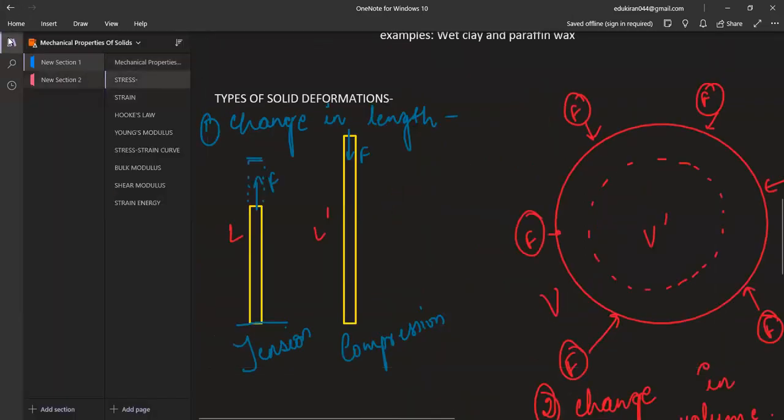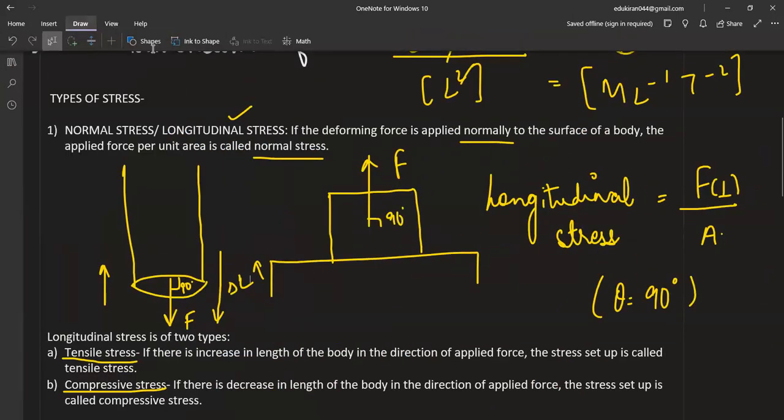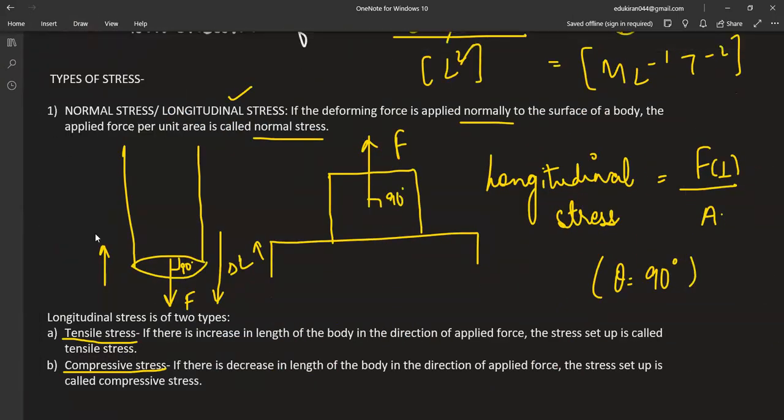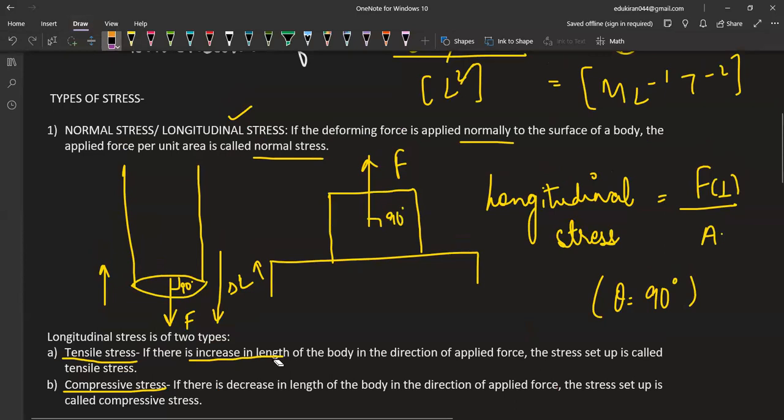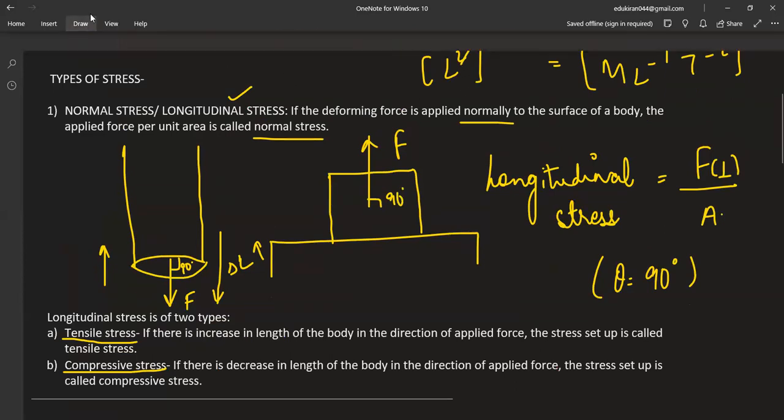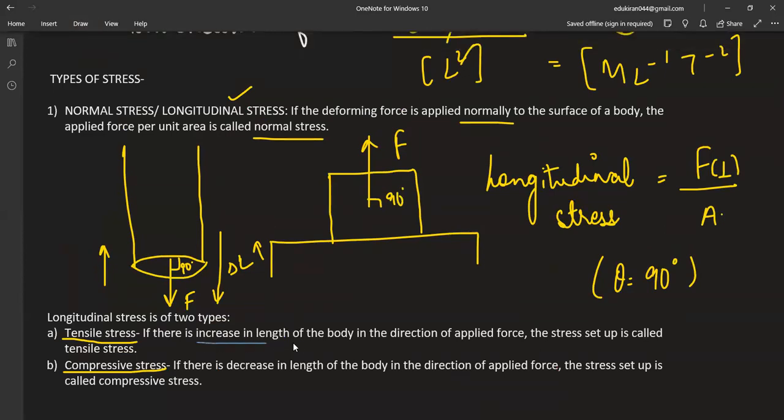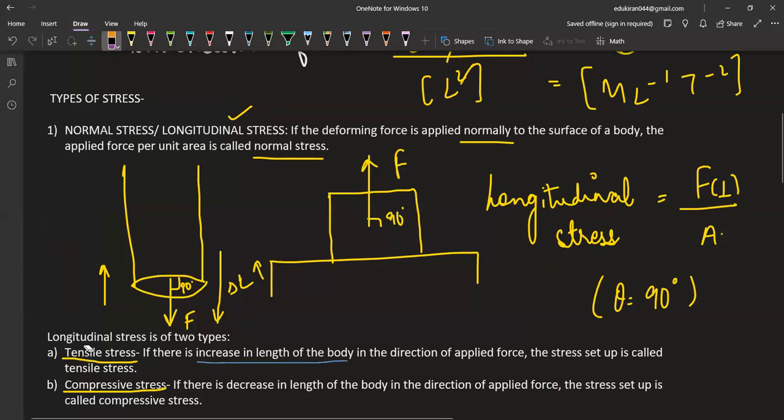So that's why based upon these deformities, we have the stress also. If there is an increase in the length of the body, then in the direction of applied force, the stress set up is called tensile stress. Fine, this is the definition of tensile stress.